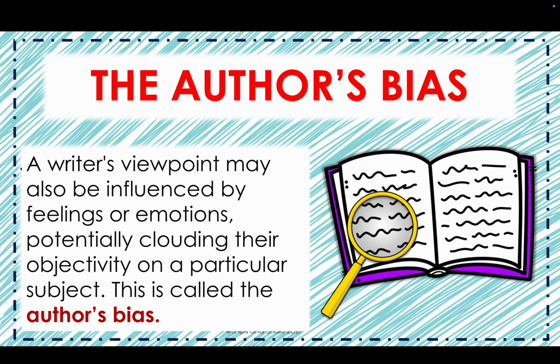And as readers, we should learn how to identify whether something is objective or subjective. Learning how to identify the author's bias is key towards discerning the credibility or the trustworthiness of a text.